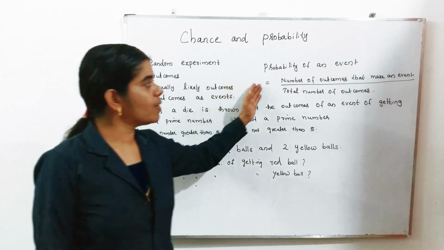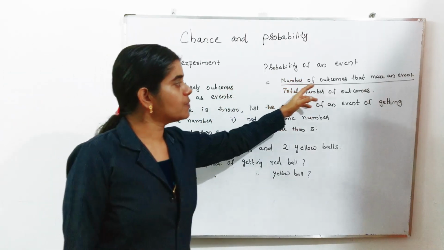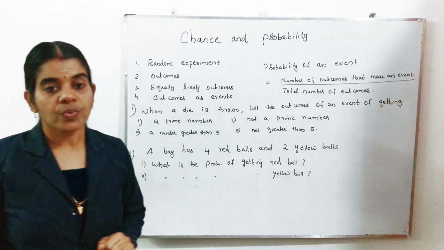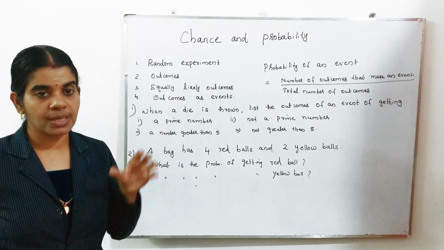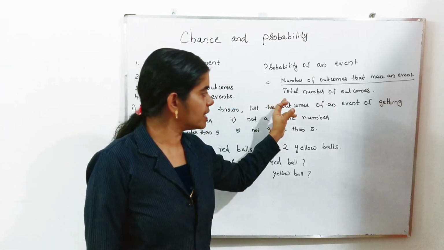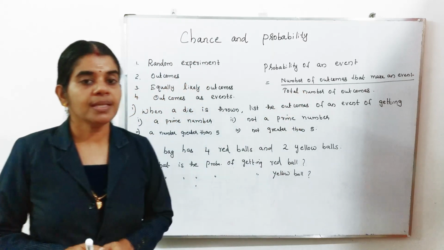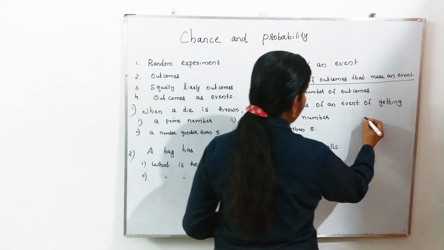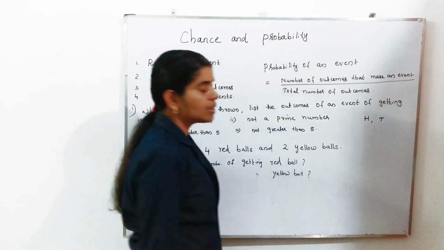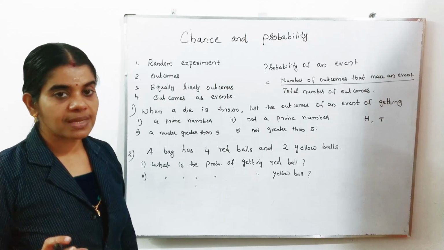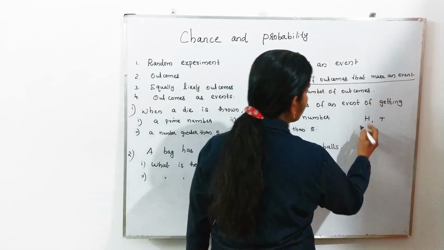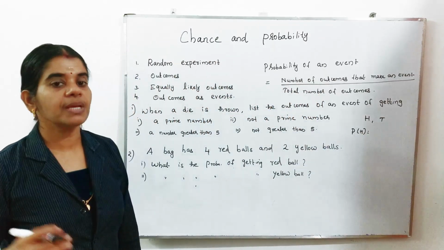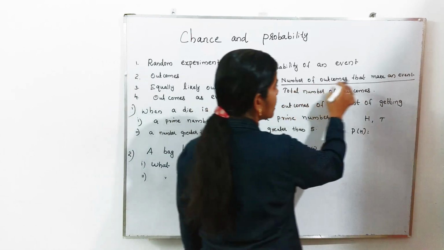Next one is probability of an event, which is equal to the number of outcomes that make an event divided by the total number of outcomes. Clear? The number of favorable outcomes, that is, the number of outcomes that make the event, divided by the total number of outcomes. In the case of tossing a coin, head and tail are the total outcomes.